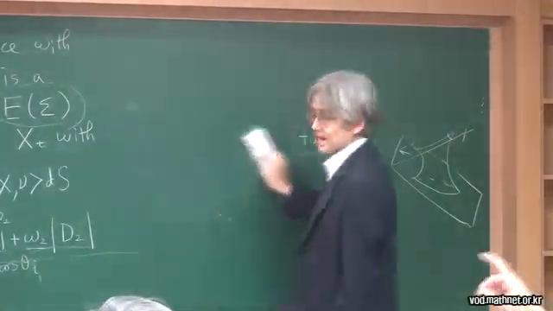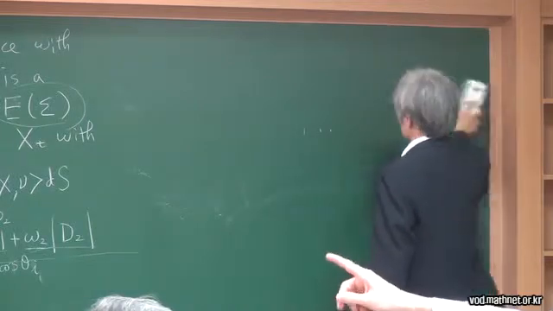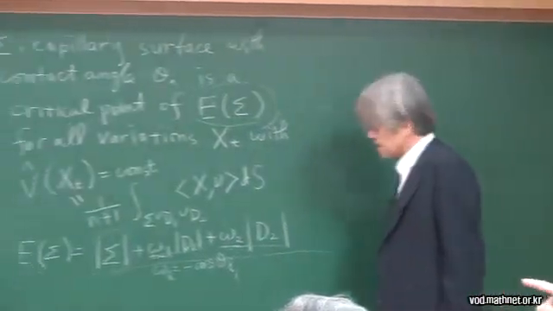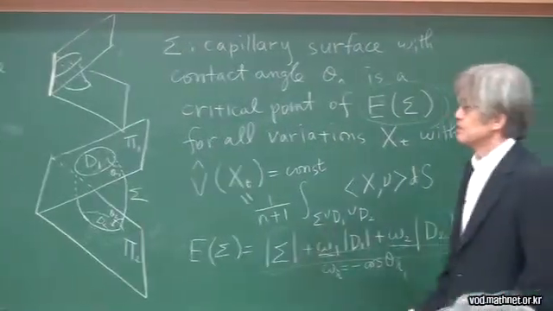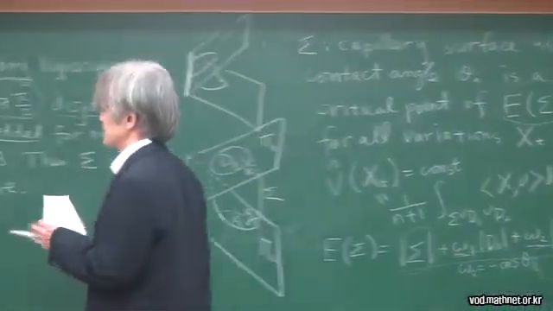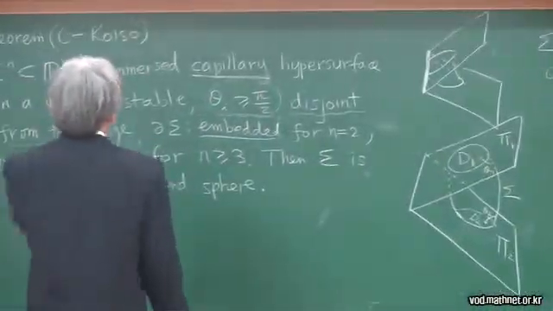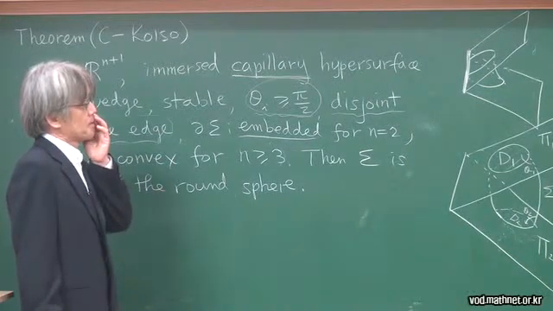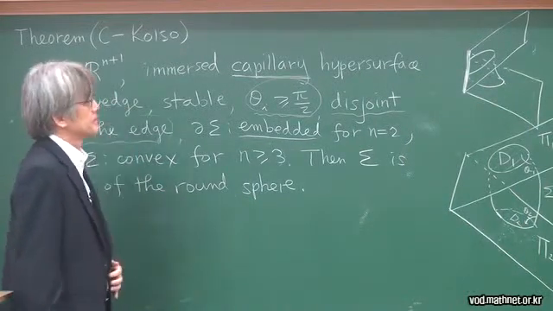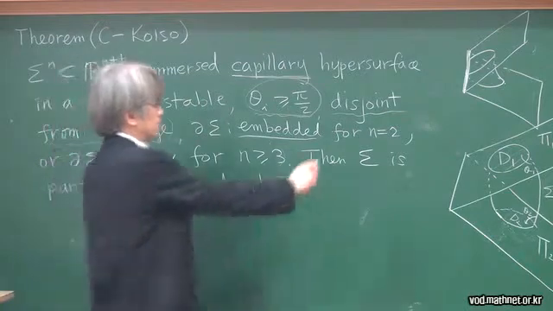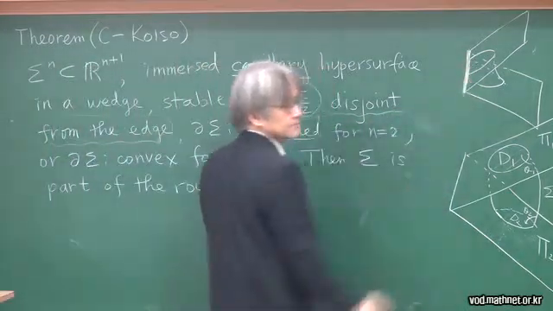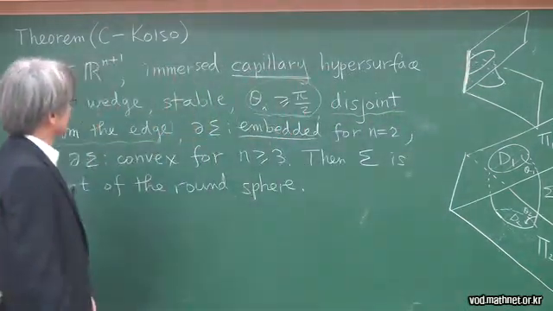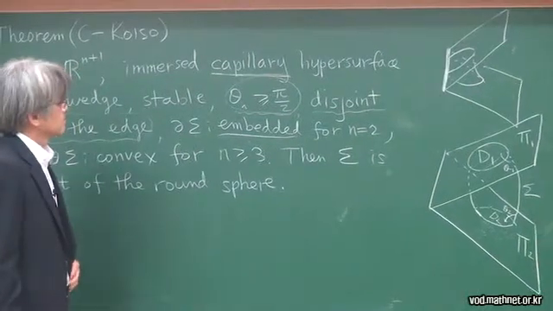One more question. If you remove stable, there are counterexamples. You told that the picture there is the counterexample for the case. And if you remove stable, maybe you know some counterexample or no?